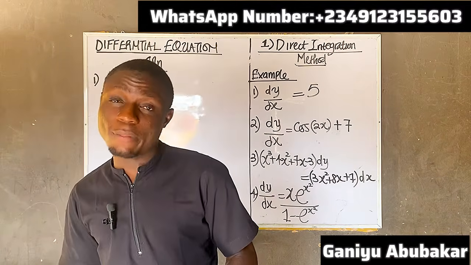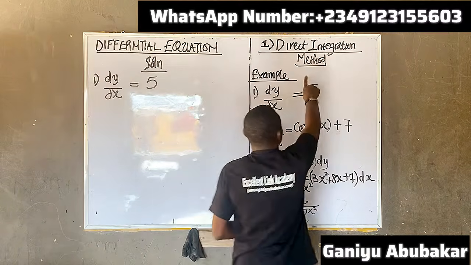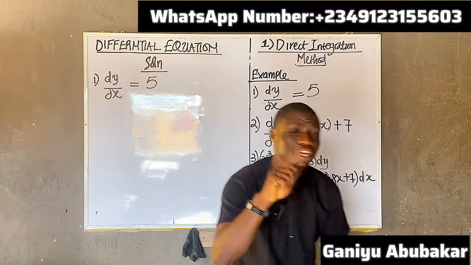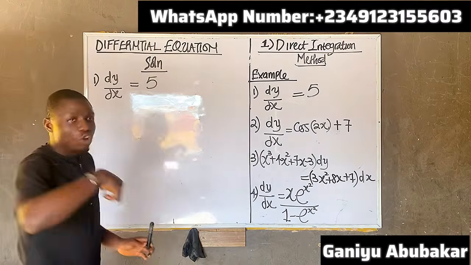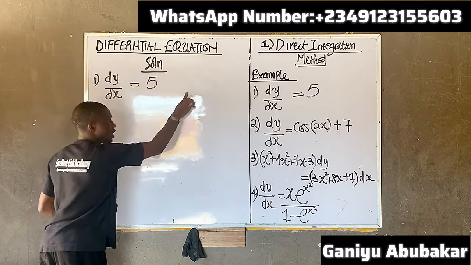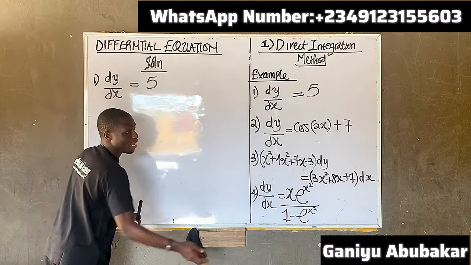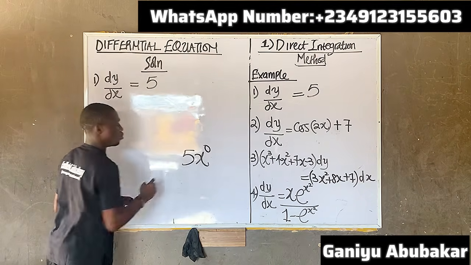I said earlier that with the direct integration method, you will always have dy over dx equal to something in terms of x. Here there's no x, but I can still express 5 in terms of x. How? This is 5x to the power 0.